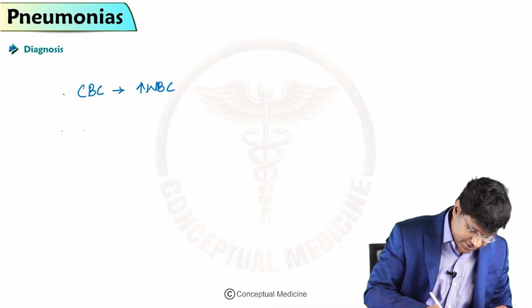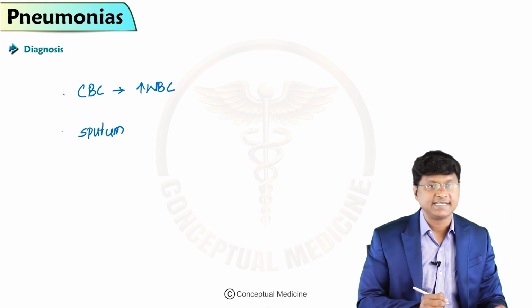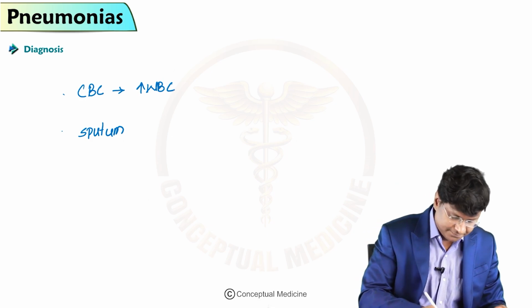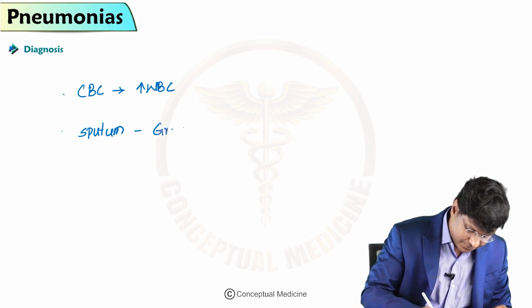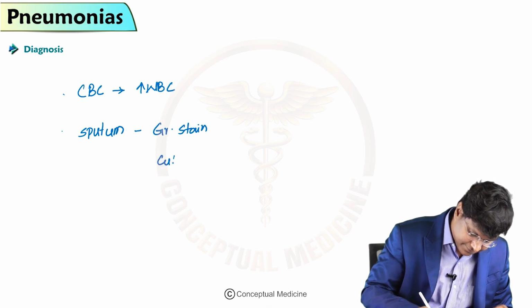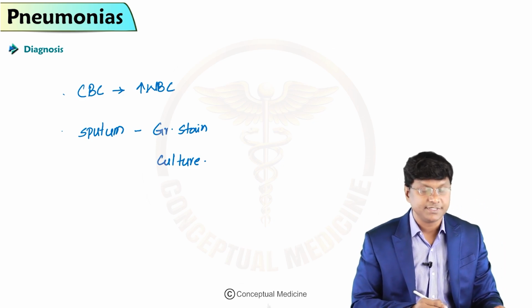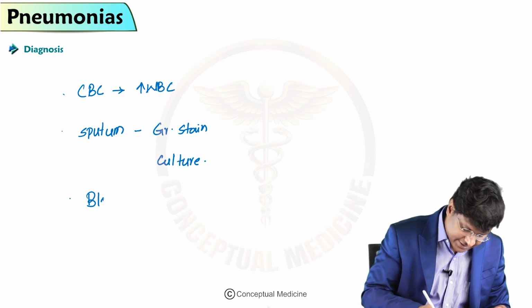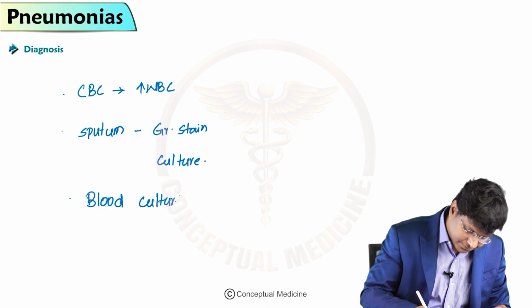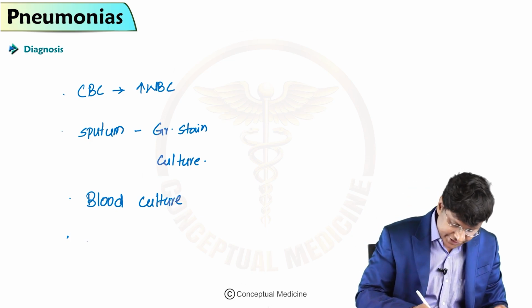Another way is sputum examination: you need to do gram stain and then culture and sensitivity. Blood culture and sensitivity is another important investigation. Then finally, the pneumococcal urine antigen test.